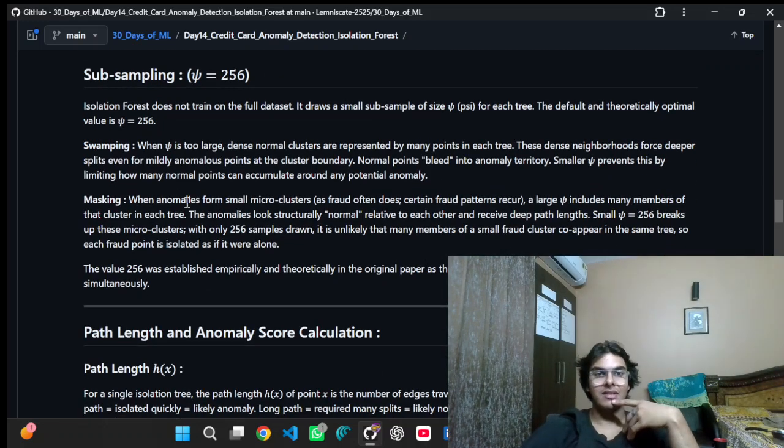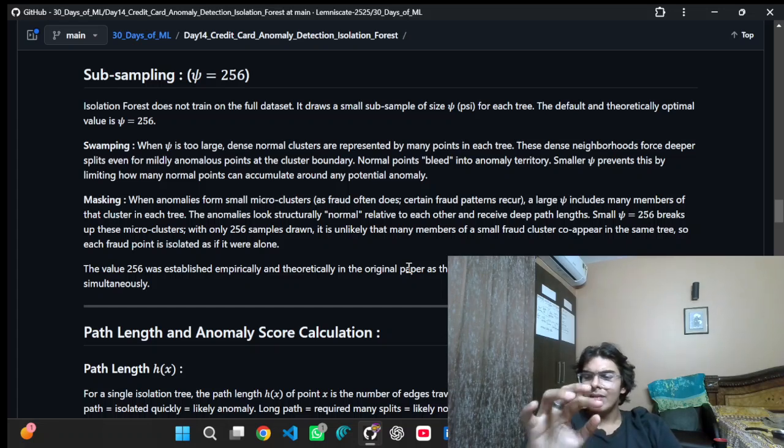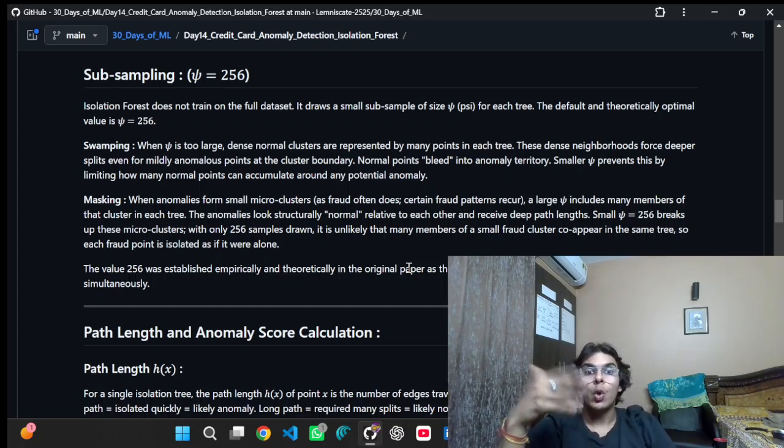The second one is masking. Whenever we talk about isolation tree models, we talk in two terms, either local or global. Whenever we are looking at each cluster, we are talking about the cluster locally, and when we look at all the clusters from the top, we are talking in a global manner.